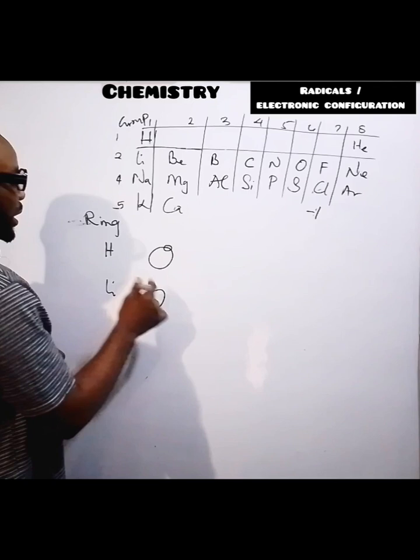Period 2, all of them will have 2 rings. Period 3, period 4, and so on, all have the same number of rings. That is the ring electronic configuration of each of these elements.